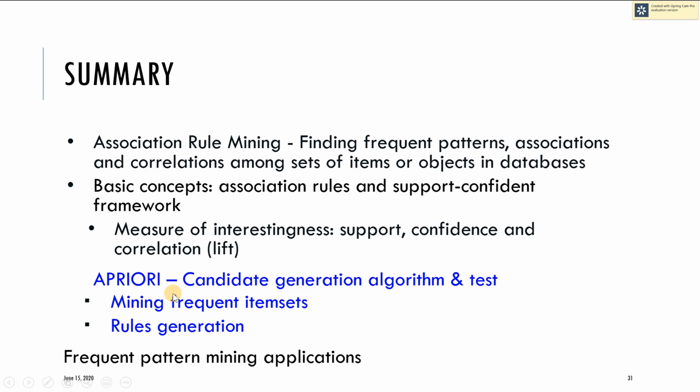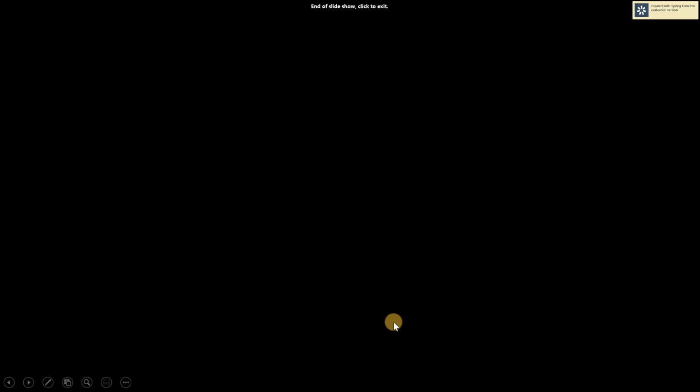And Apriori, which we have looked at previously, is the candidate generation and test algorithm. You have to test all of the candidate generation. You need to mine the frequent item sets, and also do the rules generation. Then we also learned about mining applications as well. So that's it.